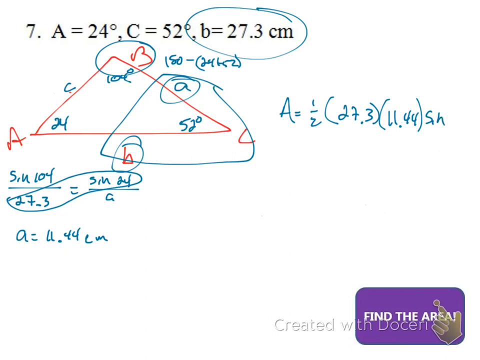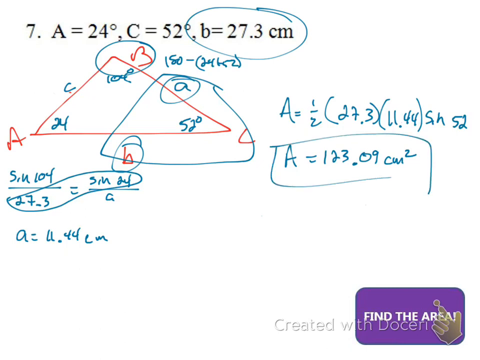And it's times the sine of the angle between them, which is 52 degrees. And now we just multiply all that together. So 11.44 times 27.3 times sine of 52. Divide that by 2, and I'm getting an area of 123.09 centimeters squared. Okay? And that's it.